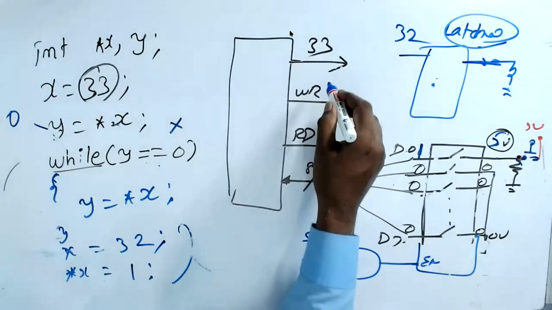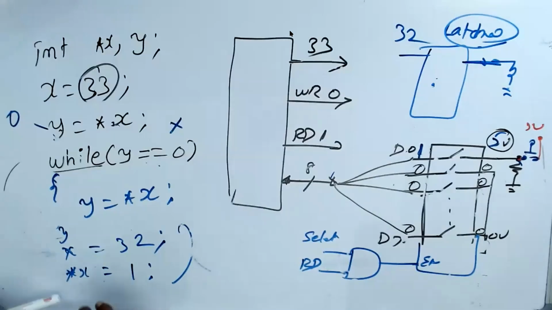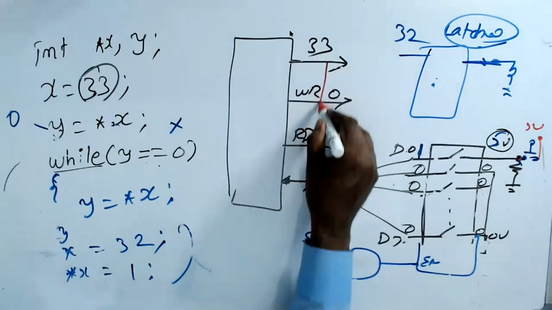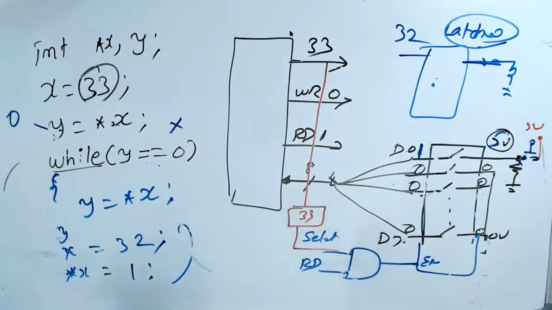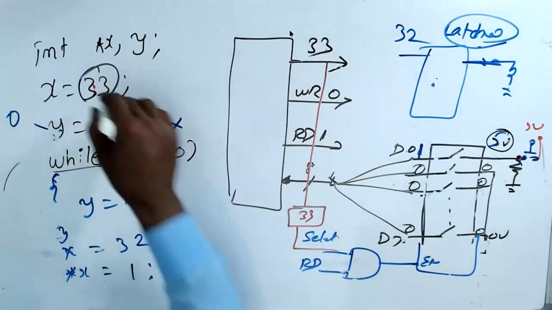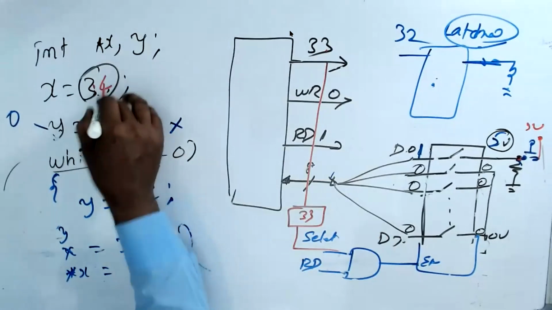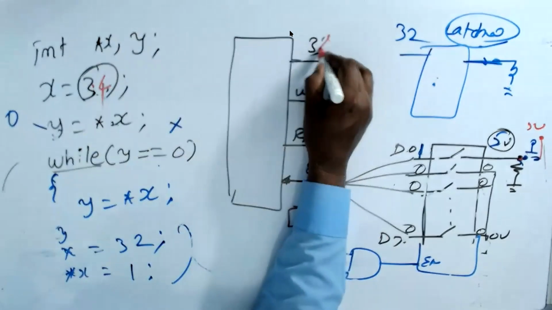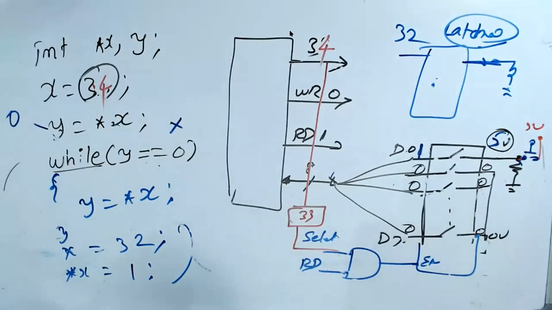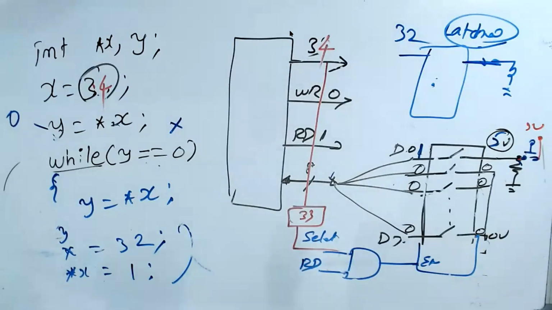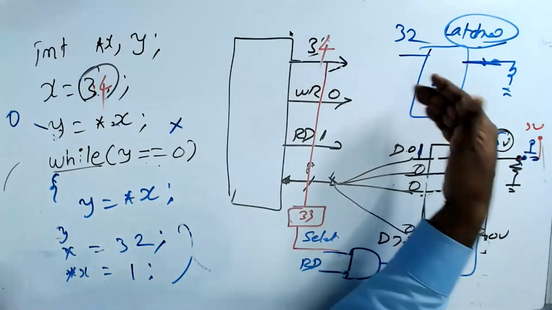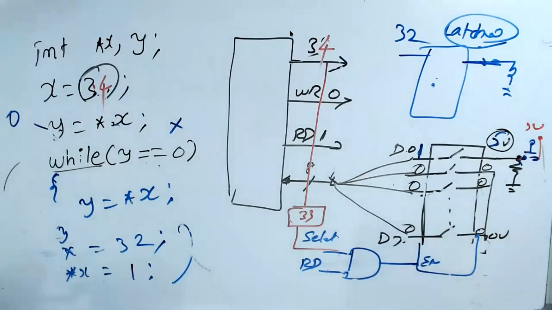We take the address, put a name 33 and out here. When you give 33, only then does it work; if we give 34 here, this becomes 34. Like this, you can have n number of buffers, 33, 34, 35, like that. In a system you can have n number of latches, n number of tri-state buffers for input.